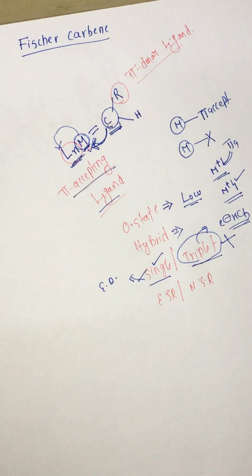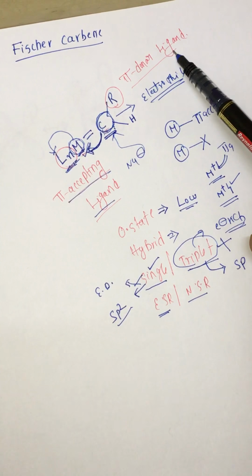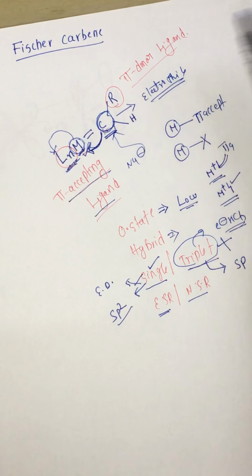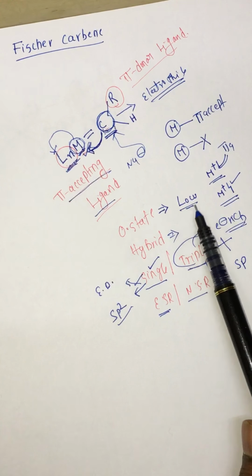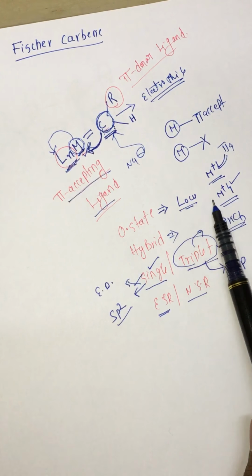The first thing is that the pi accepting ligand should be present on the metal and the pi donor ligand should be present on the carbene. Then we have oxidation state, which should be low, and hybridization. Before going for hybridization, we need to identify whether this carbon is a singlet carbene or triplet carbene. If we see the MO diagram, which we will discuss later, the electron density from this carbon will transfer to the metal.